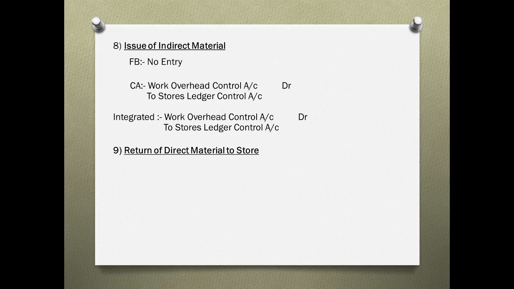Return of direct material to stores. Return, you have issued your material, same entry, now revision of it रिवर्स करना पड़ेगा, because हम लोग रिटर्न कर रहे हैं डायरेक्ट मटेरियल जो हमने इशू किया था. Now it is returned back to the stores. From the stores it was going out, so stores ledger was credited. Now it is returned back to stores, तो स्टोर्स में आ रहा है, stores would be debited. What about financial? There would be no entry because inter department है. कॉस्ट में मटीरियल आ रहा है, so stores ledger control account would be debited and it is direct material, so credit क्या होगा?